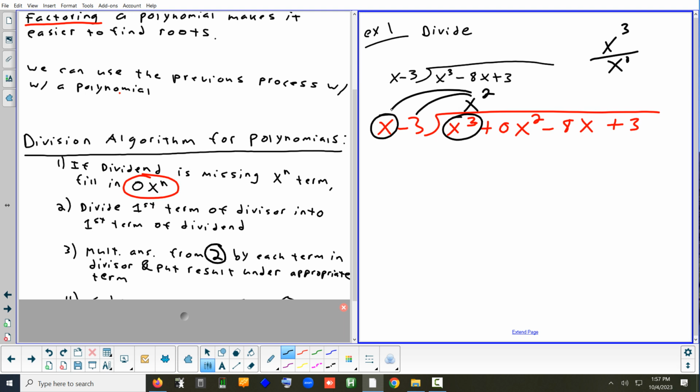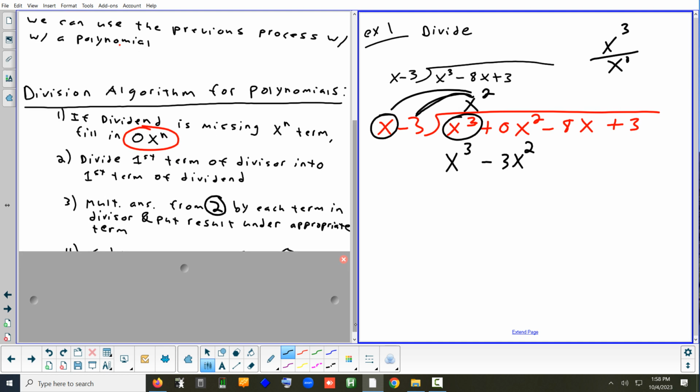X cubed. We're going to put that under the x cubed. Now we do x squared times negative 3. Negative 3x squared. And that's it for step 3. Multiply what you got back out to each term. Line things up in columns. Any question on step 3?